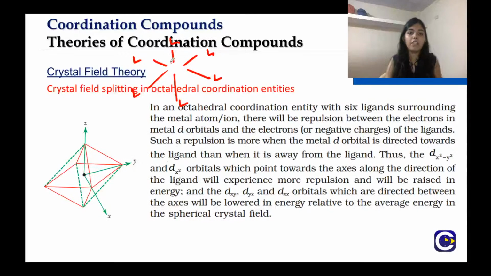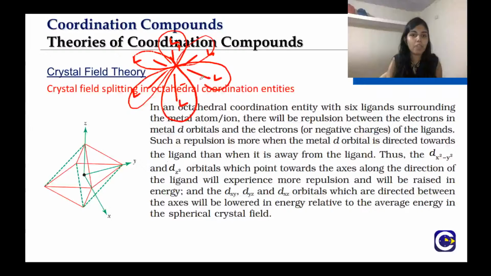So clearly you can see that dz square will be lying here, plus, minus, right? And dx square y square will be lying here. So dz square and dx square y square have a direct overlap or a direct interaction with the ligands. Therefore, the repulsion will be raised for the dx square y square and dz square orbitals.